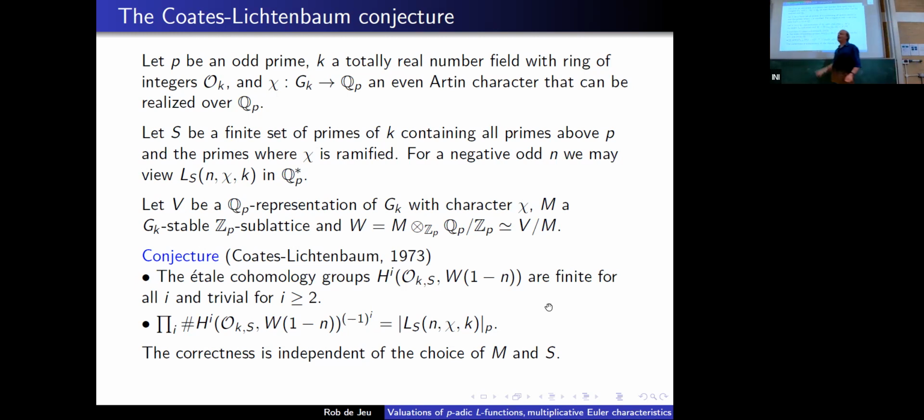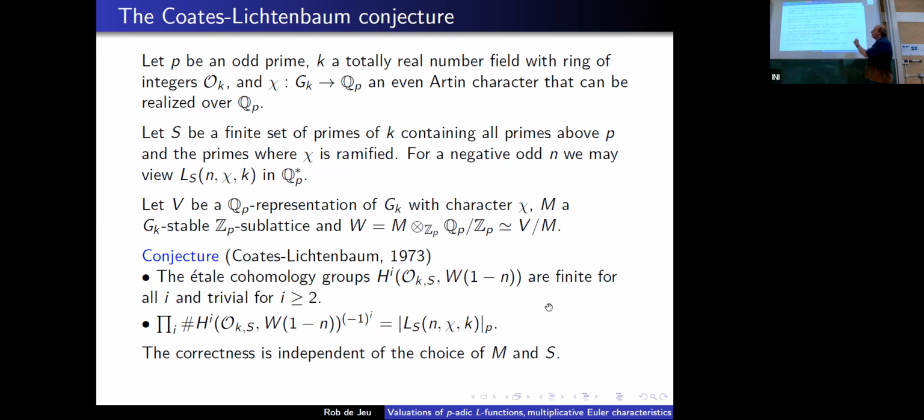Sorry about the notation, the k is maybe at the end and the n is at the beginning. Then there's a theorem of Siegel that this will be in the field over which your character takes values. And then you can choose a reverse map on the image of Q_p bar in C back to Q_p. That gives you a way of interpreting what should be a complex number as actually an element in Q_p. It's going to be non-zero and independent of the choice.